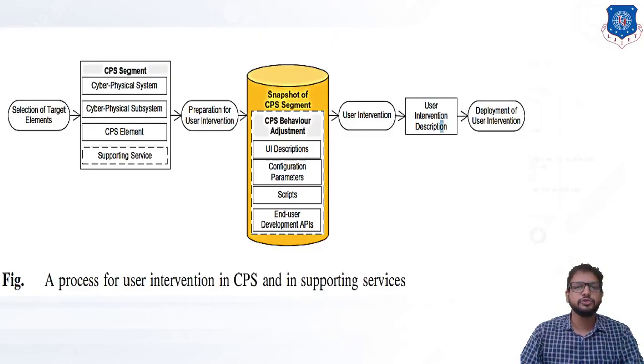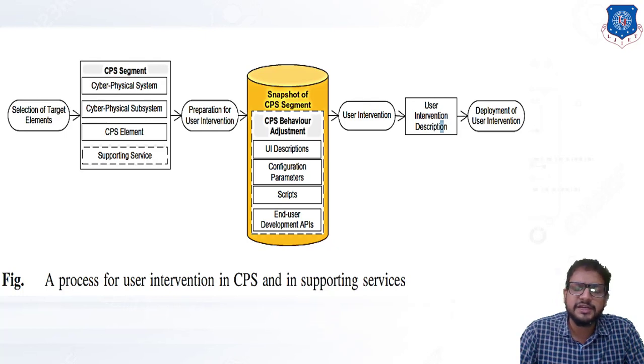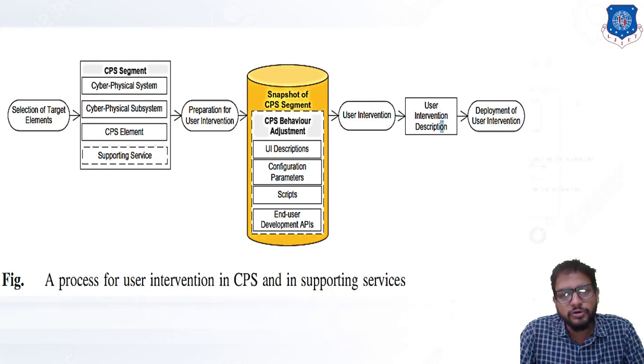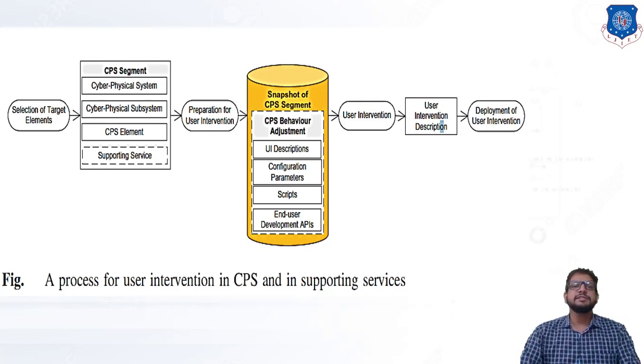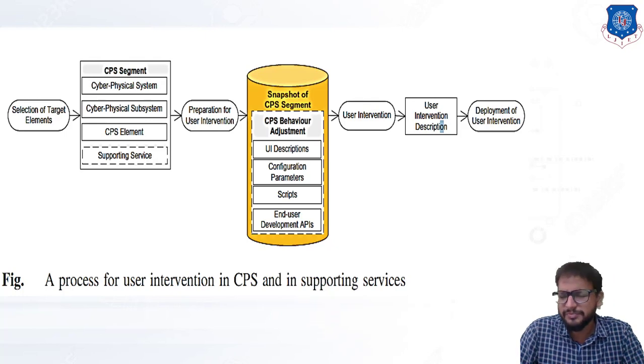Okay. So we have to understand this diagram. Now this represents a process for user intervention in cyber physical system and in supporting services. There are basically four steps involved in this system. The first step is to select a target element. As we discussed the CPS segment in our last session in an example, what is the CPS segment?